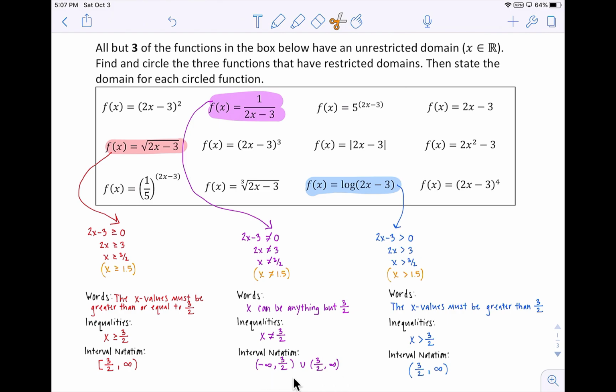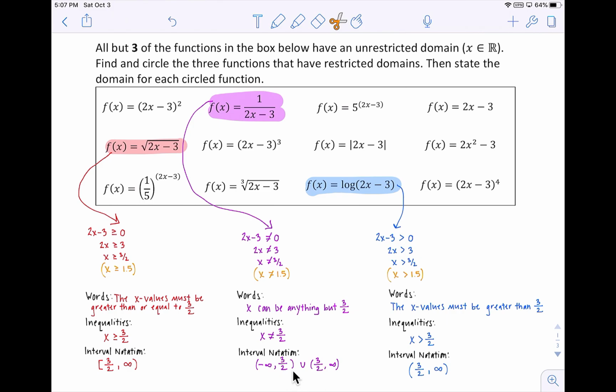It essentially paints a picture of the x-axis, and it says that we can be in the interval that's to the left of 3/2. We can be somewhere between negative infinity and 3/2, but notice the soft bracket makes it so that we don't actually hit or include the 3/2. And we can also be on the right side of 3/2, in that interval that goes from 3/2 to infinity.